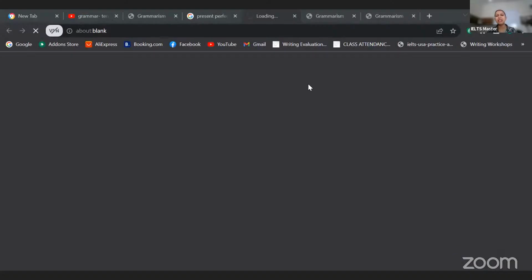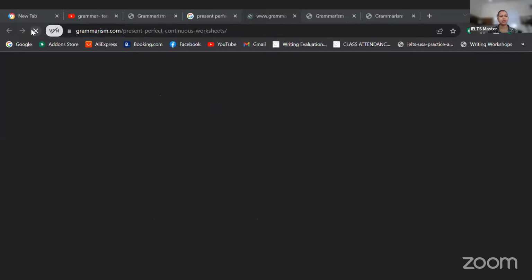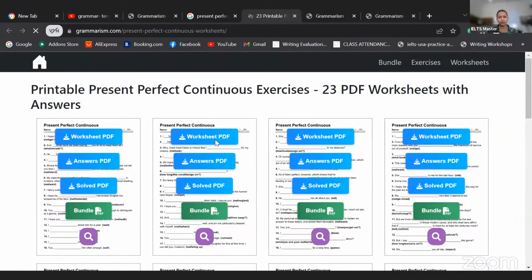So present perfect continuous, we use has, have, been, right? Has, have, been, gerund, and the time form. So just a minute.